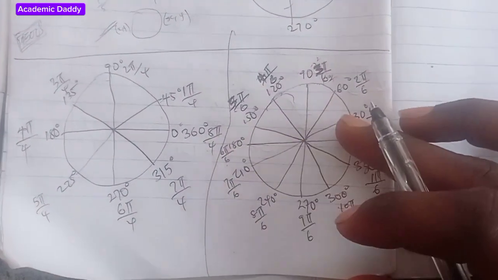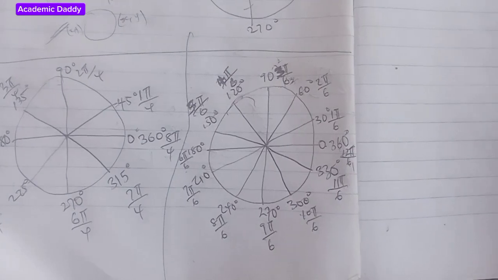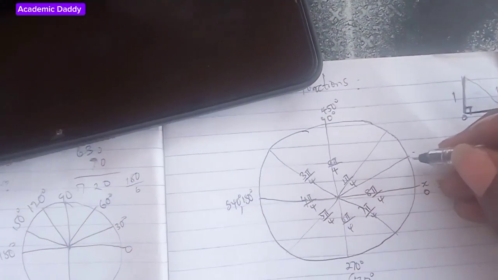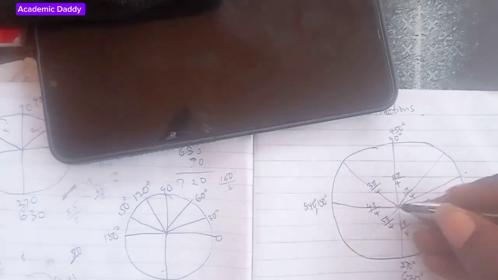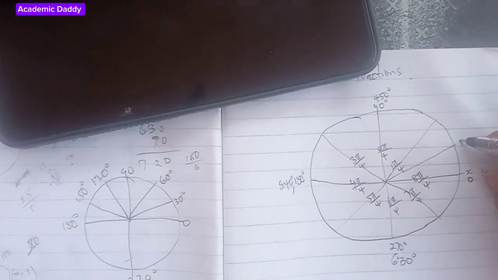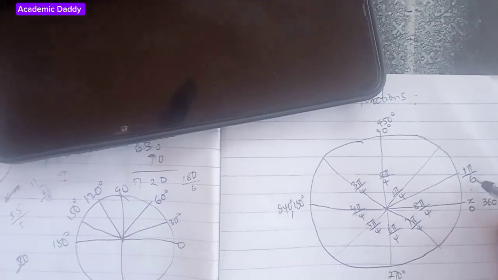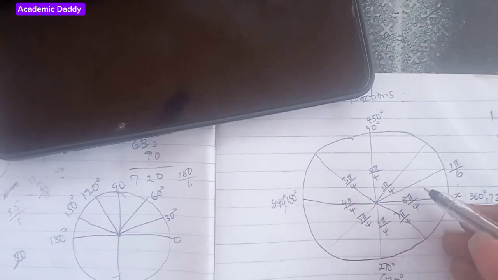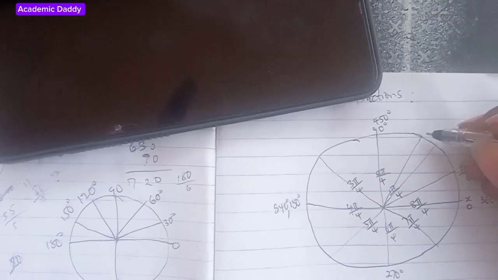And I told you it's all about dividing into 6 equal parts. Go and watch my video on units of angle measurements. So outside here, when I divide 360 into 12, or I divide 180 into 6, I'll have 1 pi over 6. Then, if this is 30, this side should be 60 for me.